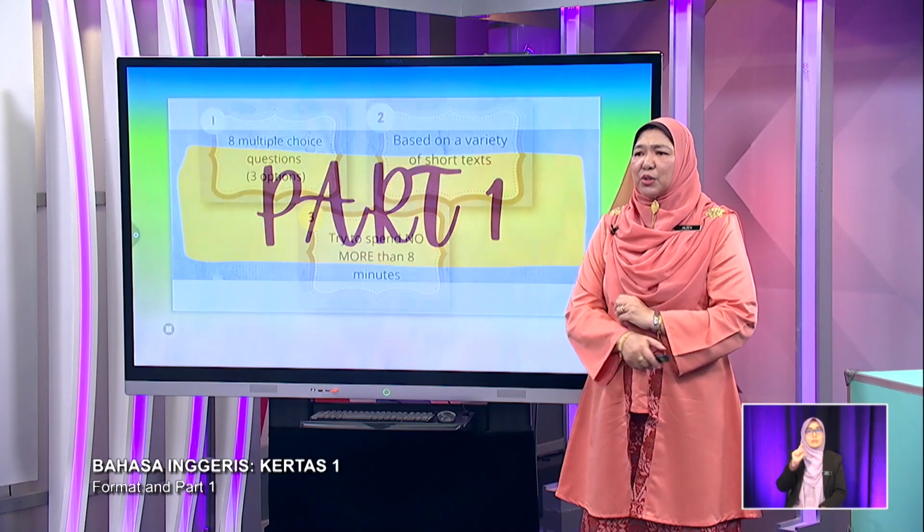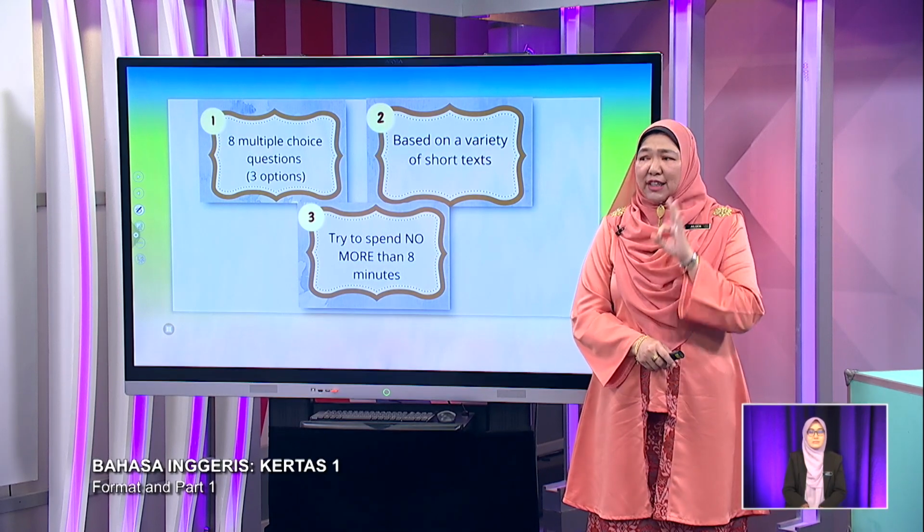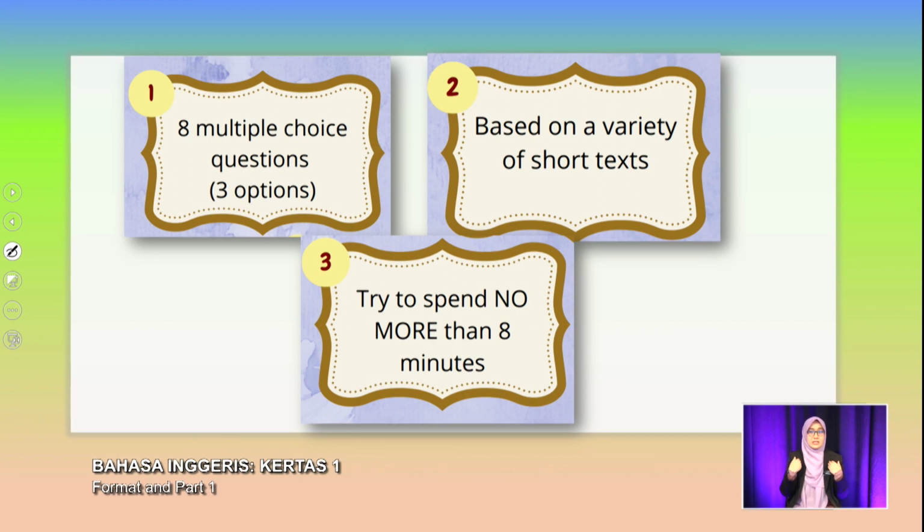So here, 8 multiple choice questions, with 3 options only: A, B, C. Usually we have 4 options, but for part 1 in our paper 1, there are only 3 options. And the questions are based on a variety of short text. Try not to spend more than 8 minutes here. So 8 questions, 1 minute per question, if possible.